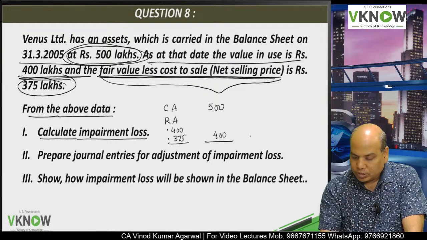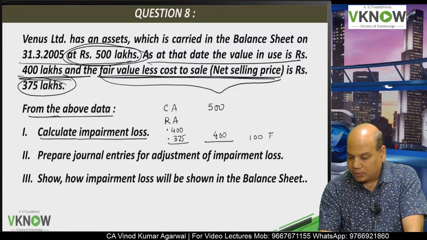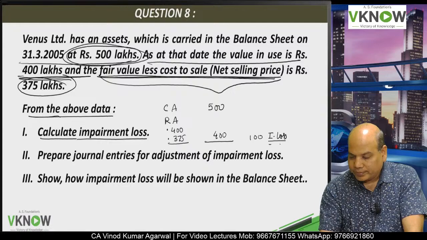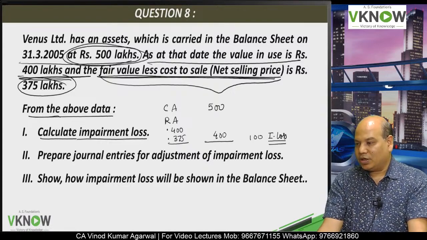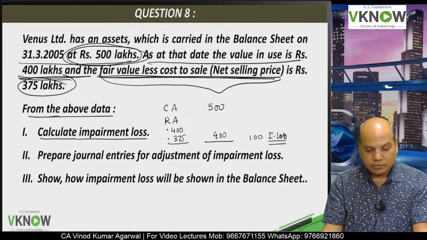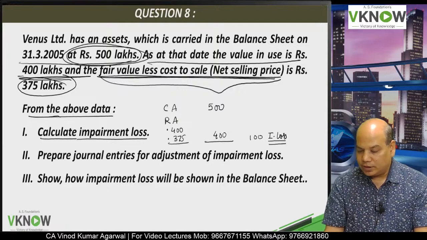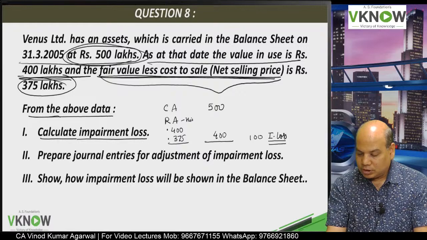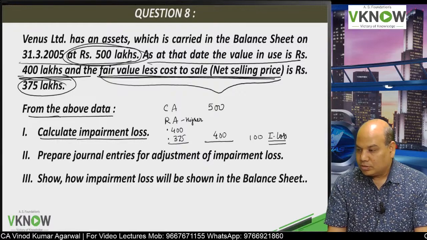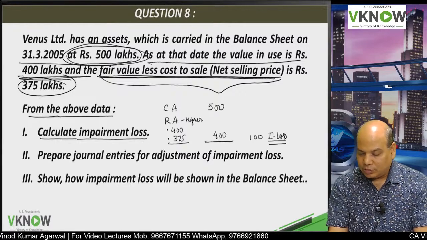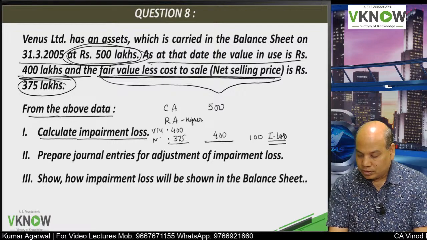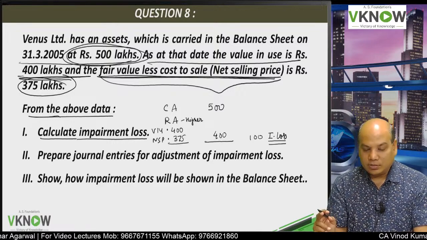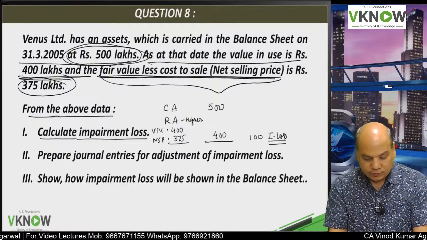Therefore, 100 will be impairment loss because recoverable amount is 400 only. Carrying amount is 500. Recoverable amount is higher of the two, that is your net selling price and value in use. Hence, you have an impairment of 100. This is my first answer.